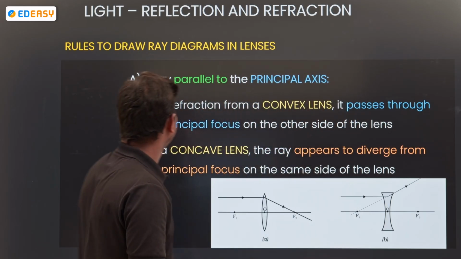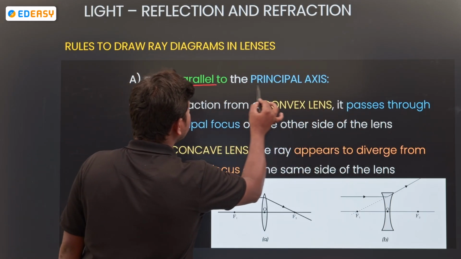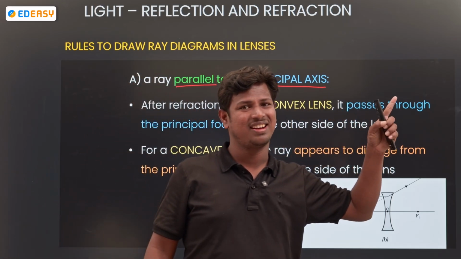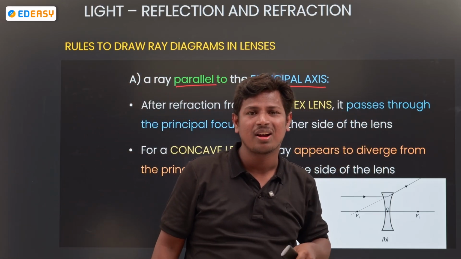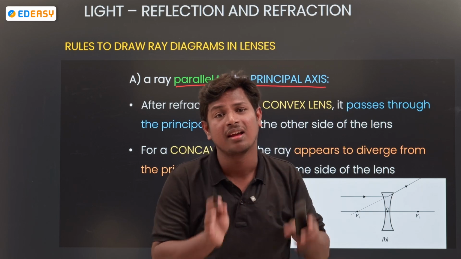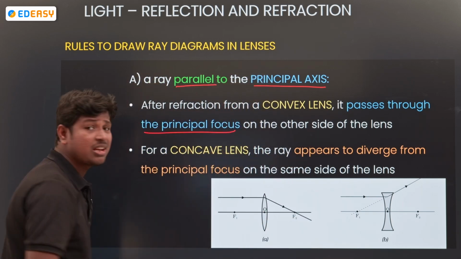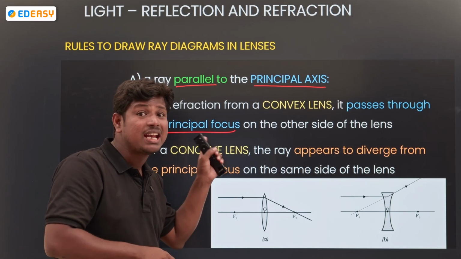Next, a ray parallel to the principal axis. We already discussed this in session 1. If any ray is parallel, how will it be? It meets at the focus.